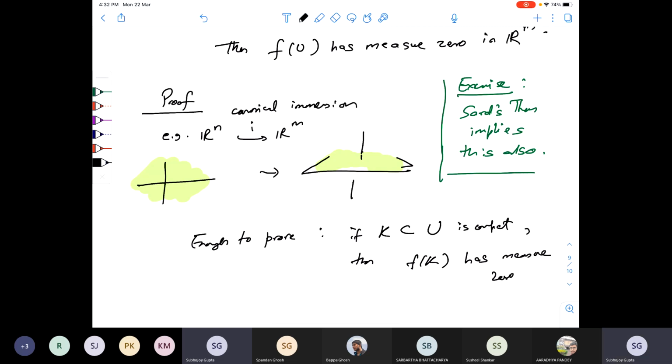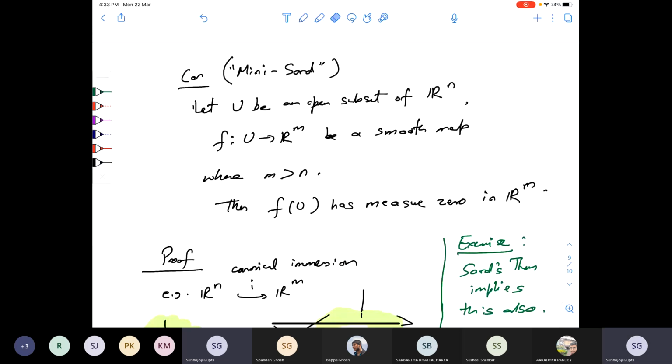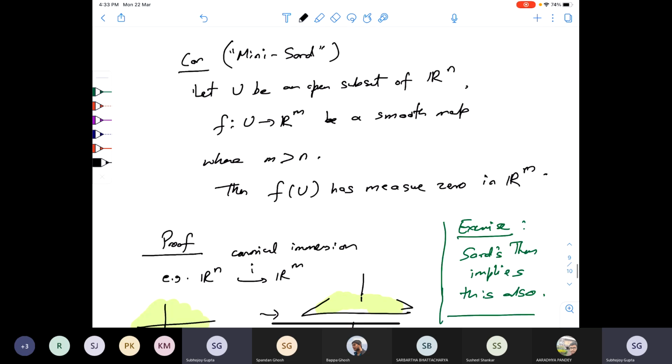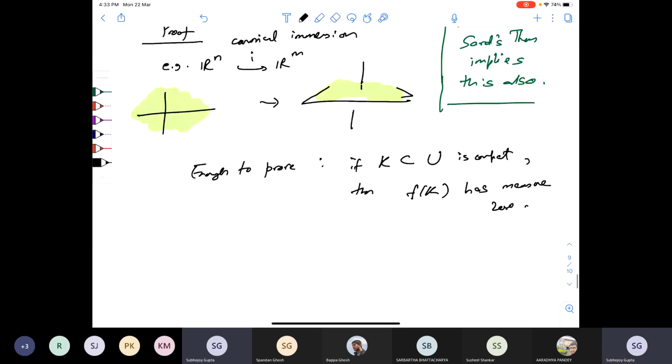In other words, you can assume without loss of generality that f(K) would have measure 0, and then the union of measure 0 sets has measure 0.